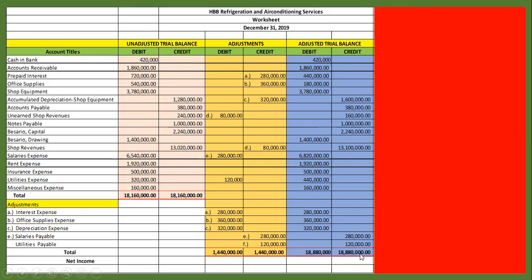Make sure both contain the same figure. The moment you get another amount on the other side, there's a possibility that you committed an error in doing the posting. Okay, so that's how you are to prepare the adjusted trial balance.